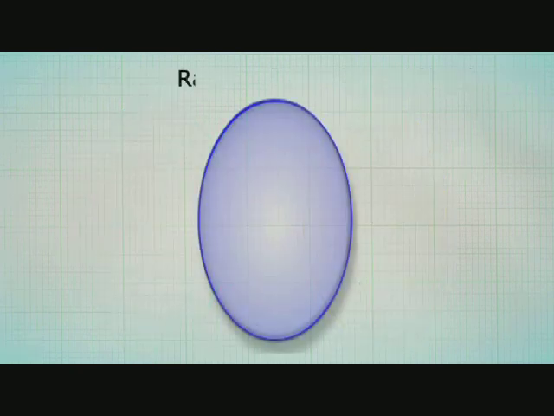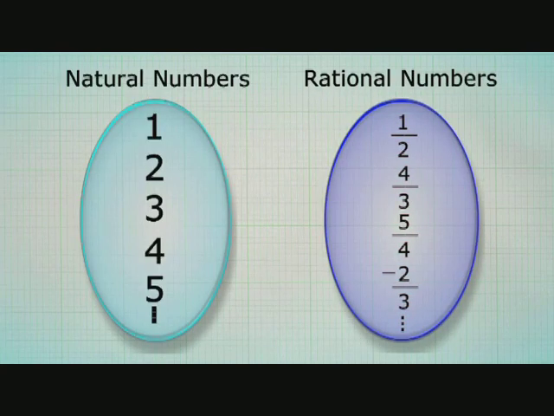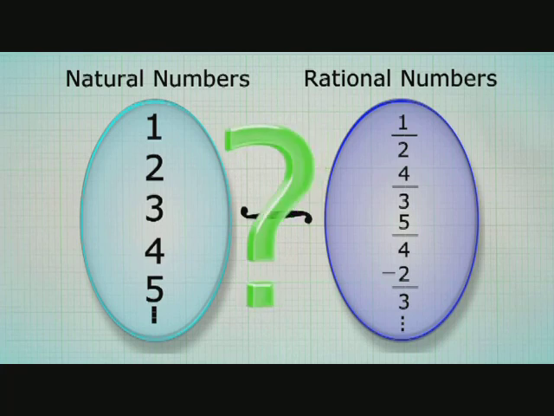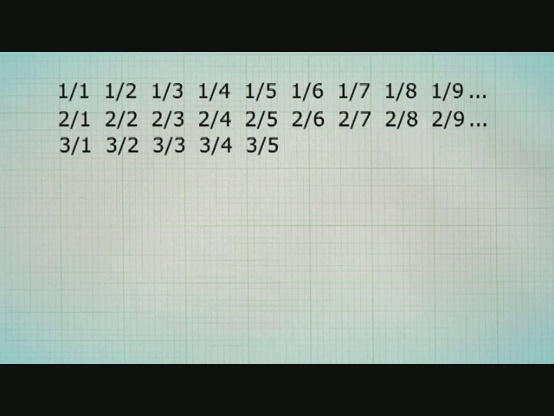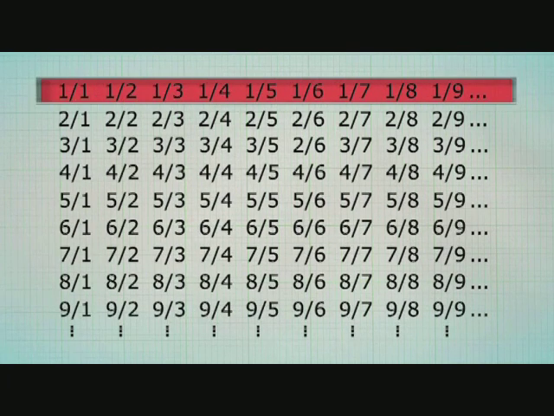Let's next look at the set of rational numbers. These are numbers that can be written as a simple fraction. Cantor wondered whether this set was of the same size as natural numbers. Since it is an infinitely large set, he represented it like this. He first lined up all the fractions where 1 was the numerator: 1/1, 1/2, 1/3, 1/4, 1/5.